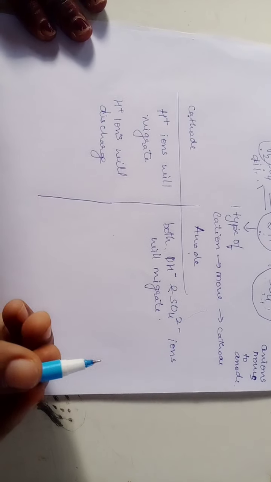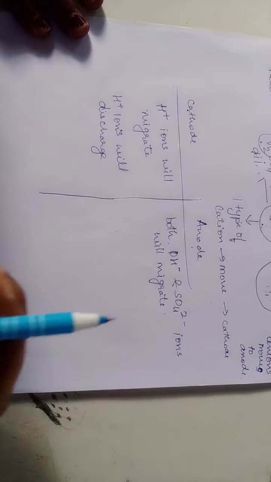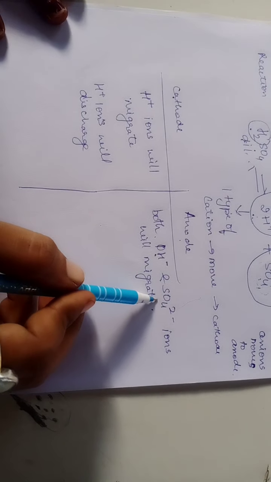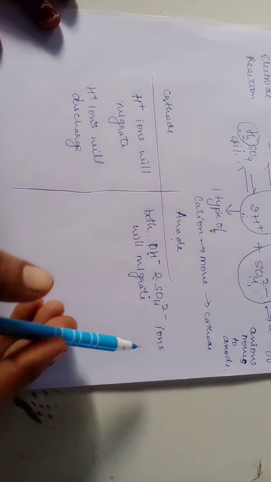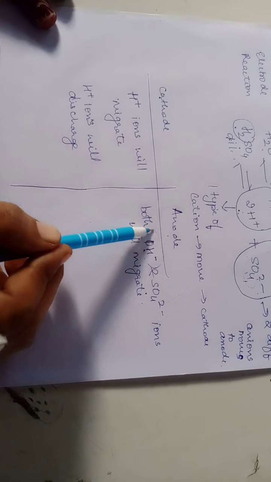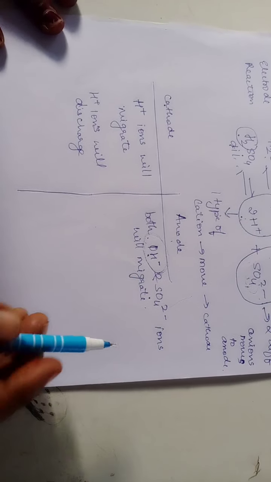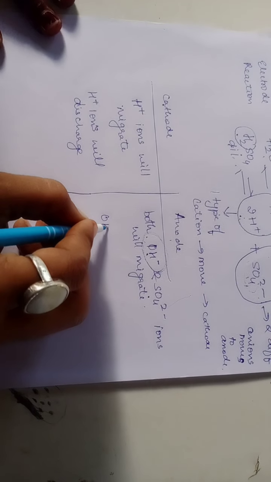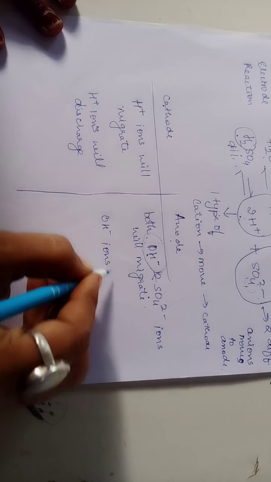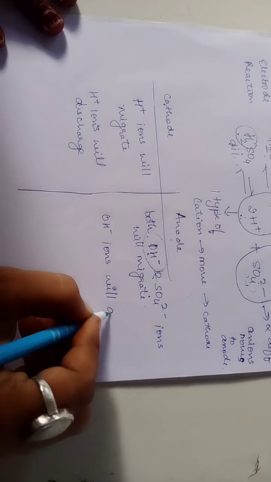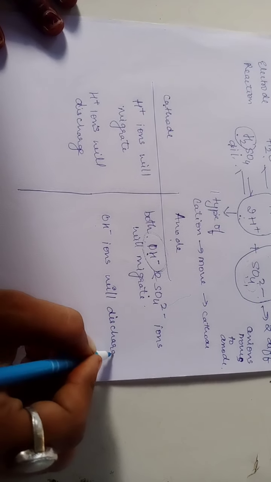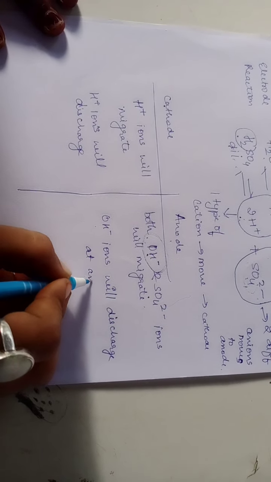And here who will discharge? Out of the two, OH minus and sulfate, we need to see the electrochemical series. In the electrochemical series, hydroxyl ions are lower in the series. So OH minus ions will discharge at the anode.